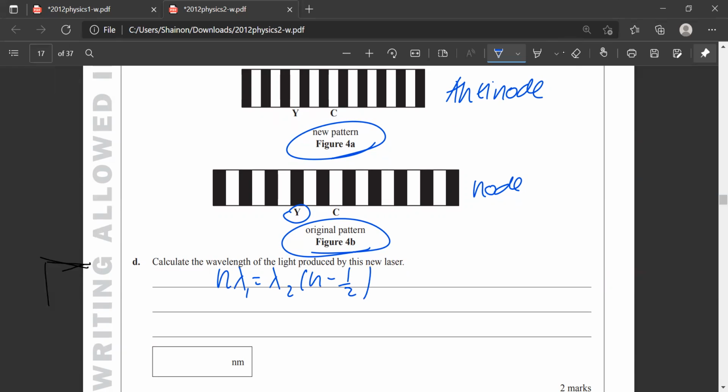So this is antinode, and that's going to be 2 lambda equals, that's going to be 1.5. The wavelength is 612 times 10 to the power negative 9 times 1.5 over 2. Lambda is always times by 10 to the power negative 9 because it's in nanometers. You're going to get this in meters. 459 nanometers.